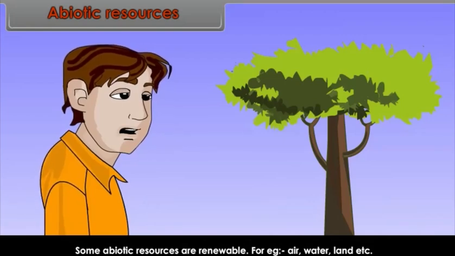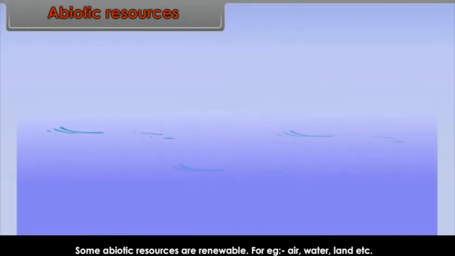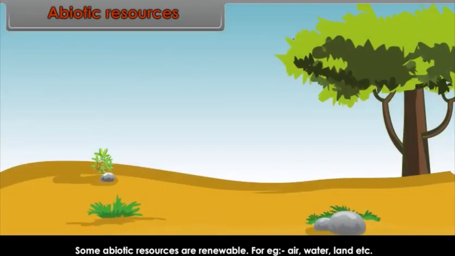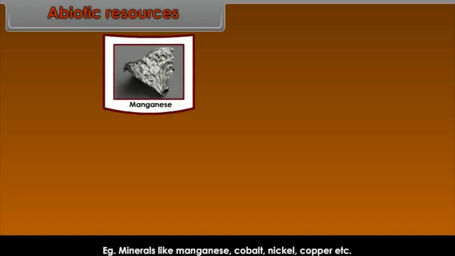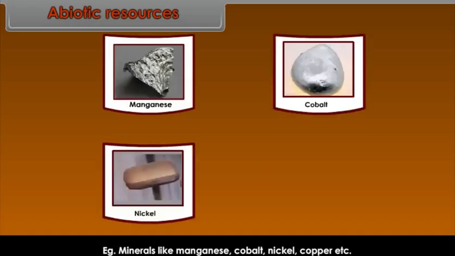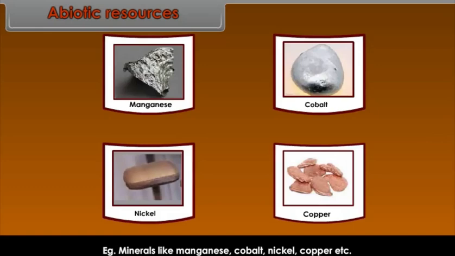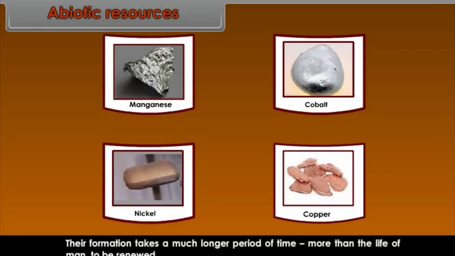Some abiotic resources are renewable, for example, air, water, land, etc. There are some abiotic resources which are non-renewable. Example, minerals like manganese, cobalt, nickel, copper, etc. Their formation takes a much longer period of time, more than the life of man, to be renewed.